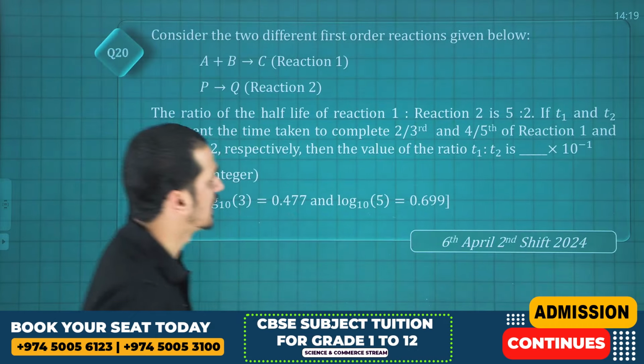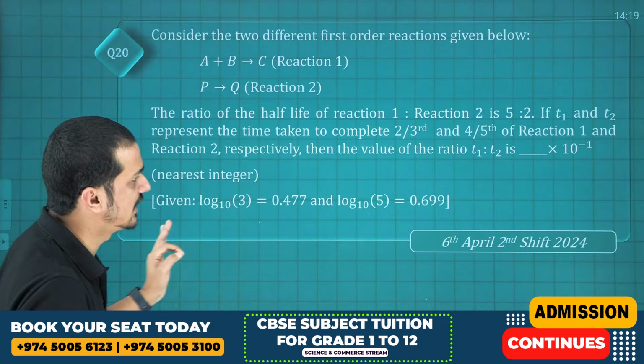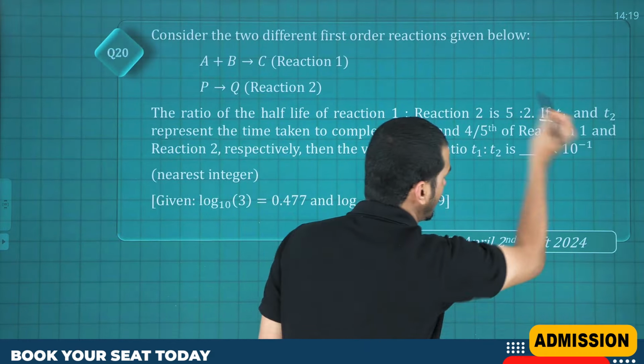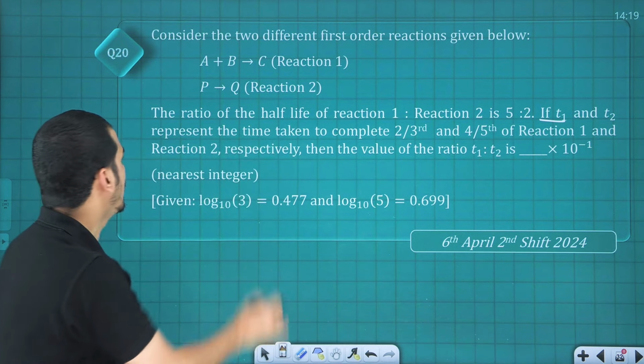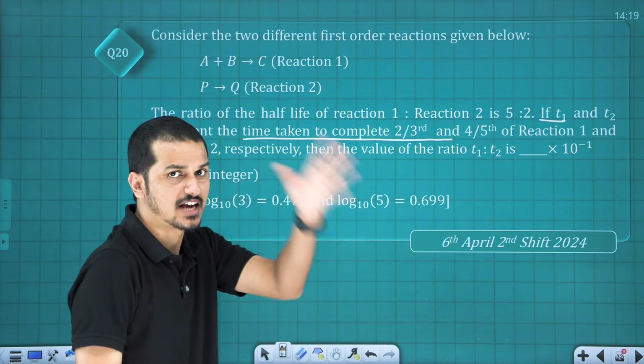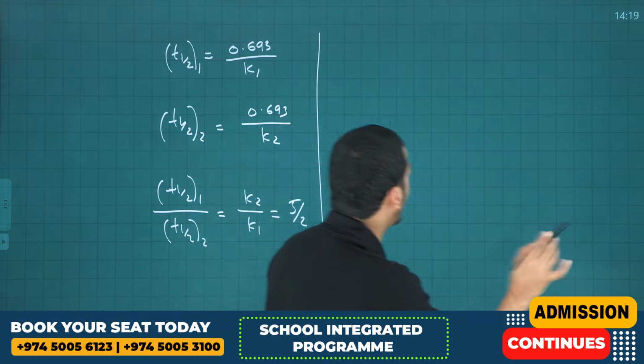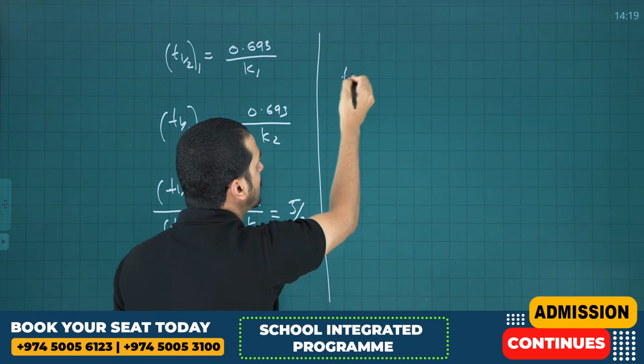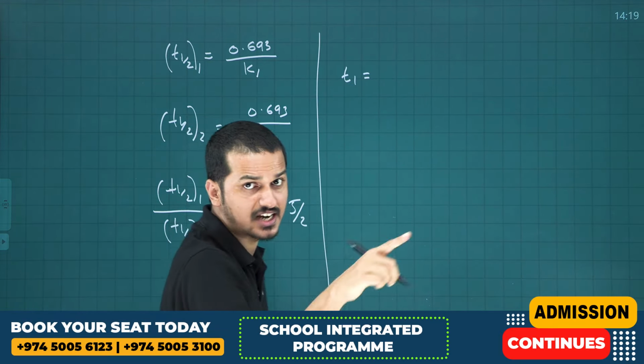Now we can look at the next idea. They are telling us T1 and T2: T1 represents time taken to complete 2 by 3rd of reaction 1.